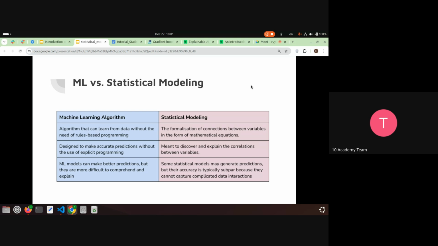Of course, machine learning algorithms work with large data and can make better predictions than simpler statistical modeling, as I was mentioning before.